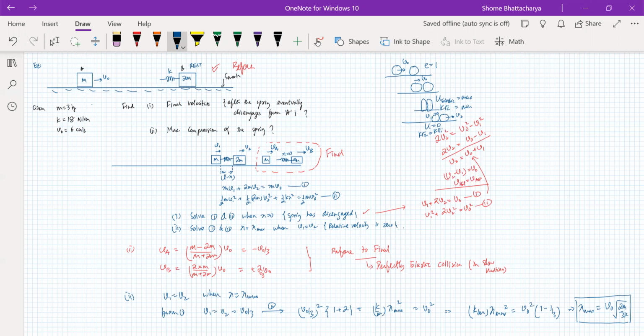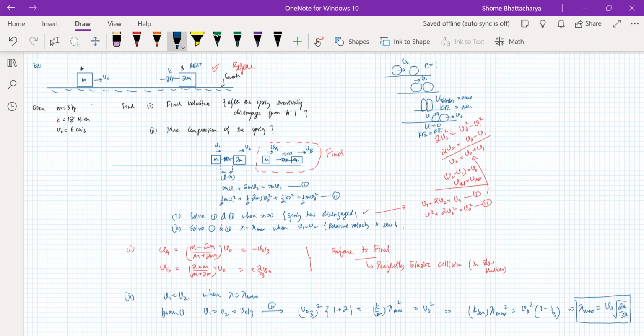Sir, it should be V0 square into 1 minus 1 by 9, right? Yes, what was the question? Sir, this should be V0 square into 1 minus 1 by 9. No, beta, there is the 1 plus 2 in the bracket, na?